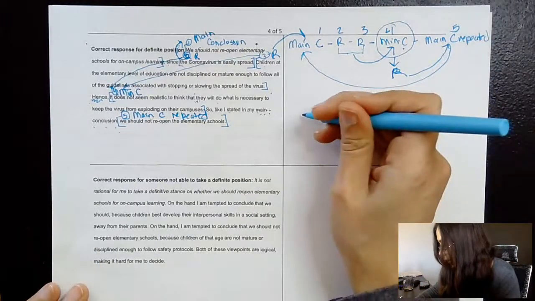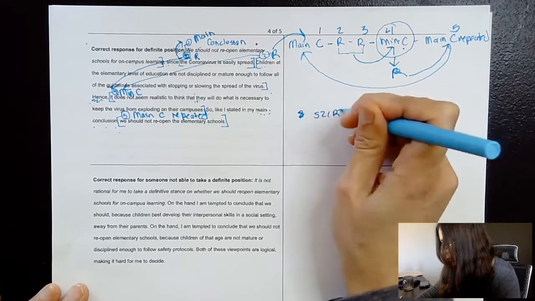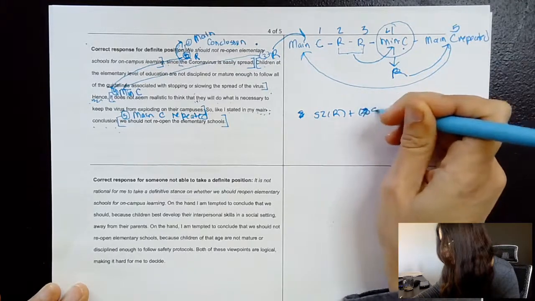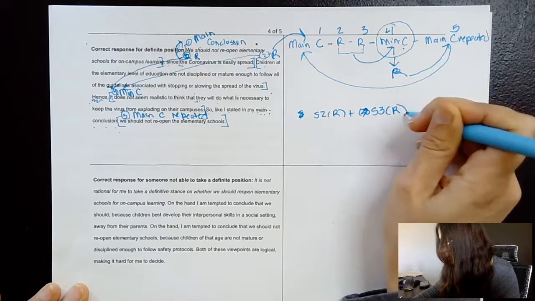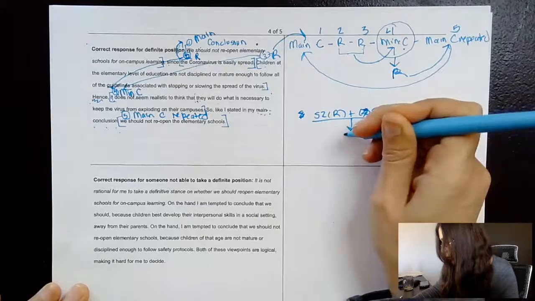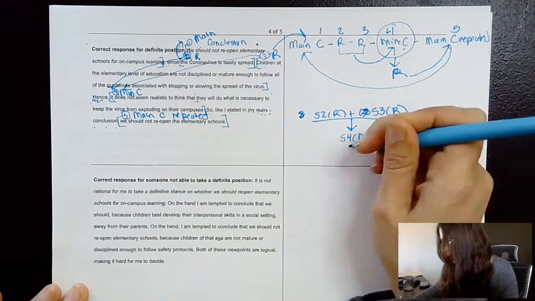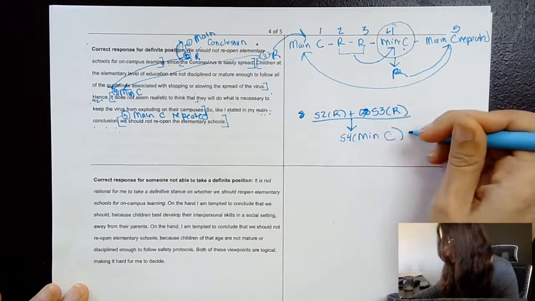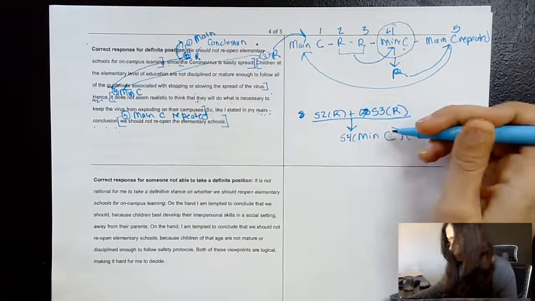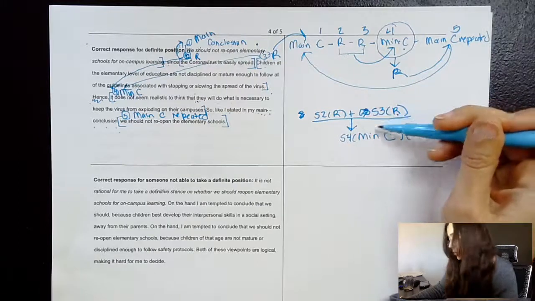So we would say S2, a reason, is given, and it works together with S3, another reason, right? And those both work together to support S4, the minor conclusion. And then S4 is used as a reason. S2 and S3 function to support S4.